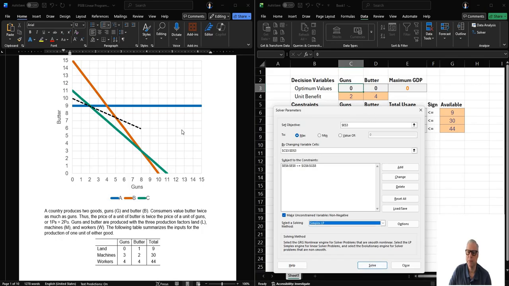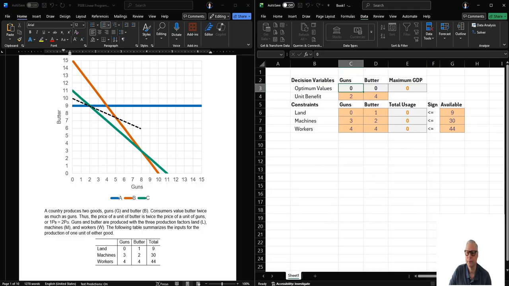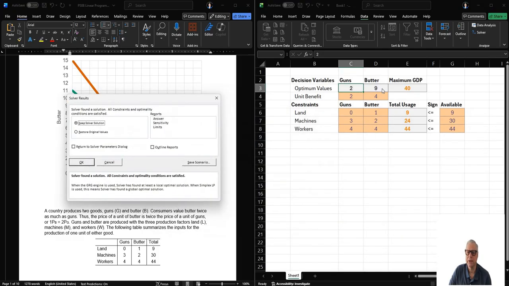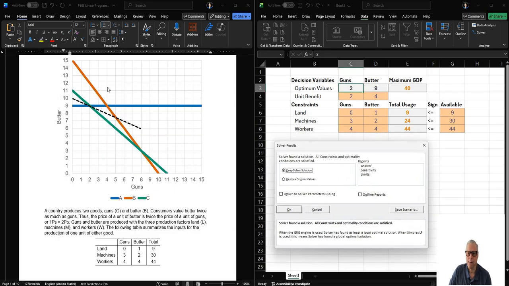And now when I press solve, we should see the same as here to the left in the graph from the problem set. So solve, and we get the same result, 9 and 2. And this is what it looks like.